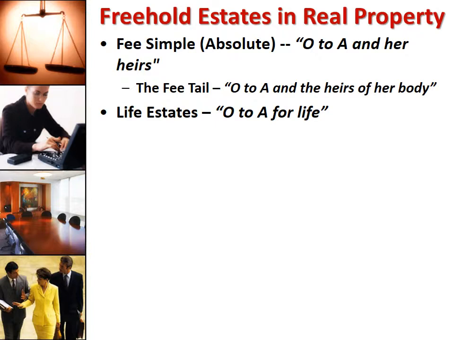Now, let's assume that O is dead. It doesn't matter. It comes back to O and the estate of O, meaning the heirs of O. So even though O is pushing up the daisies, it doesn't matter because the land will come back to O's estate. One assumption we have to make in property law is that everyone has heirs.